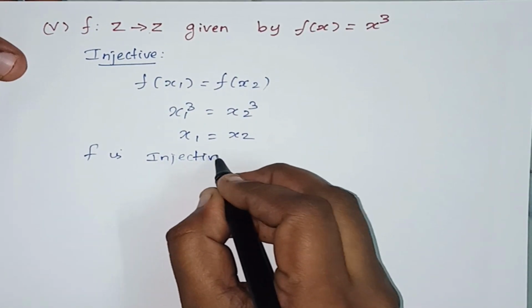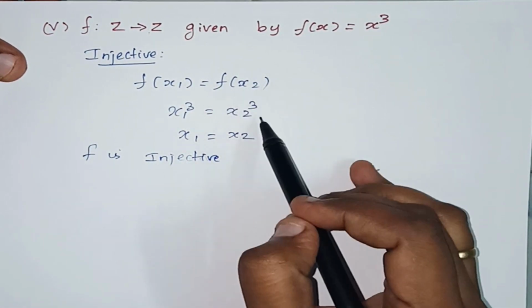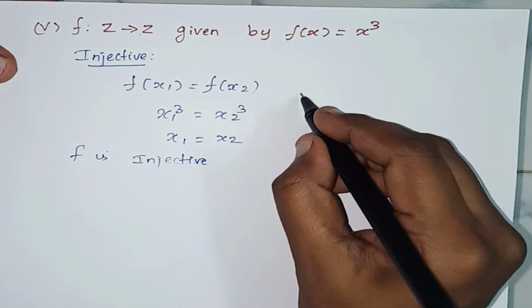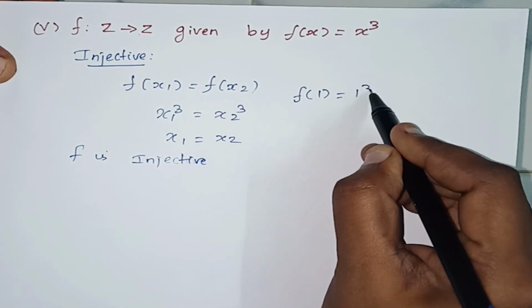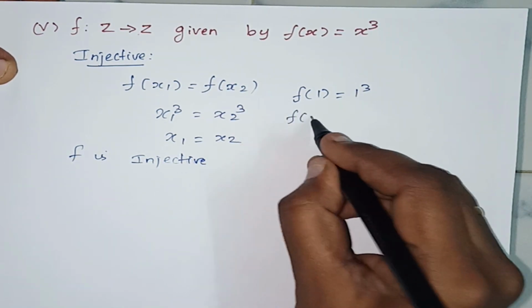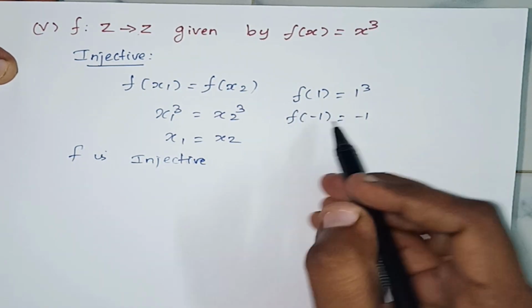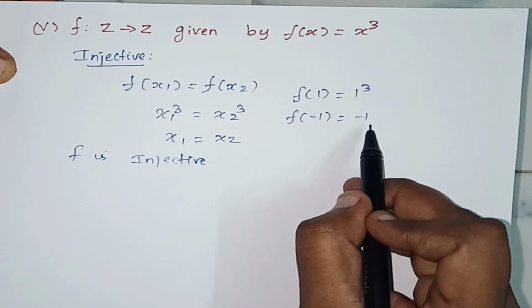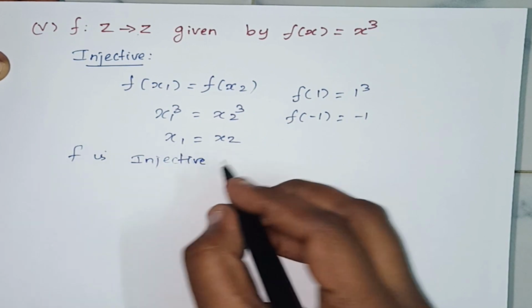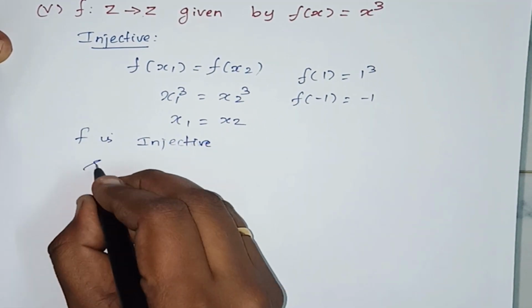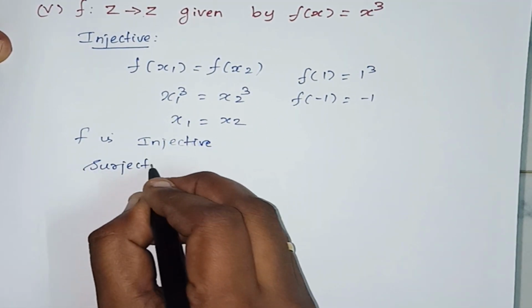We can prove this by using some examples also. For example, if we take x as 1, f of 1 is 1 cube, right? So f of minus 1 means minus 1. So for a single input there is one output. So this function is injective.